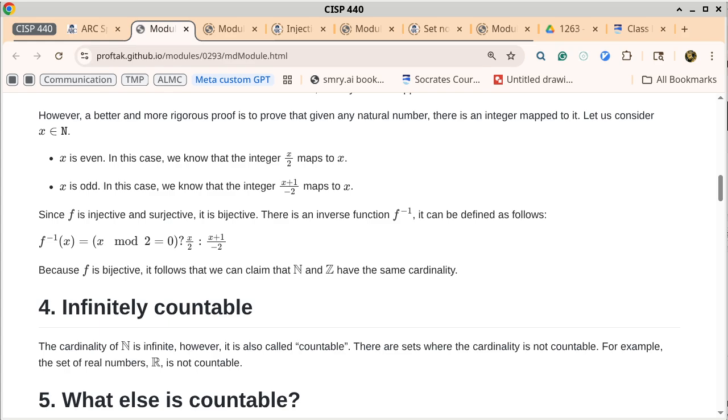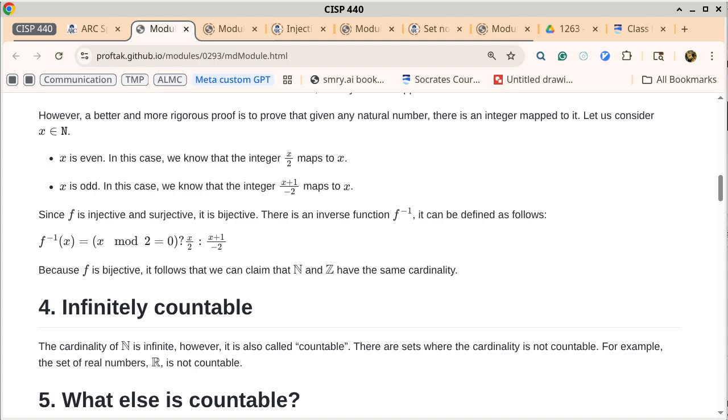So what we do is first check whether x is an even number or not, because if x mod 2 is 0, that means x is an even number. In the case that x is an even number, then the integer that this natural number x maps to is going to be x divided by 2.